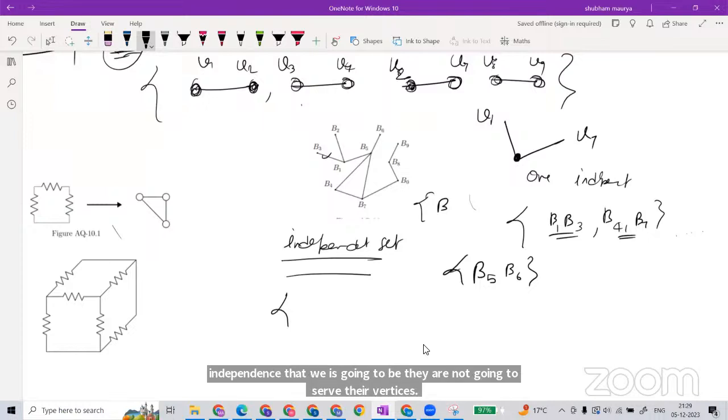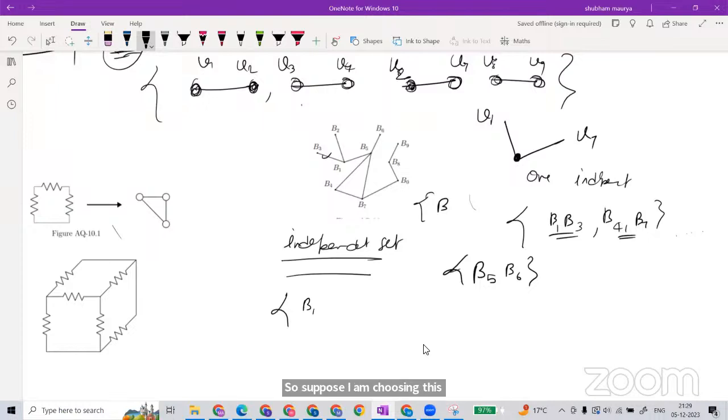So suppose I am choosing this edge B1, B3. Then I cannot choose this, but I can choose this edge B5, B6. Once I chose B5, then I cannot choose this edge, but I can choose this edge B4, B7.